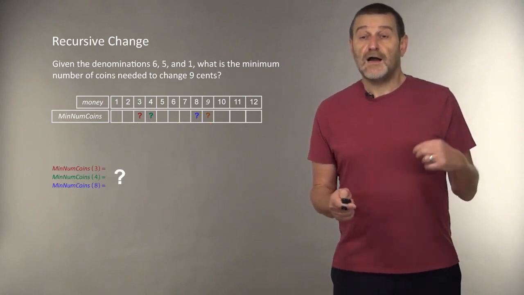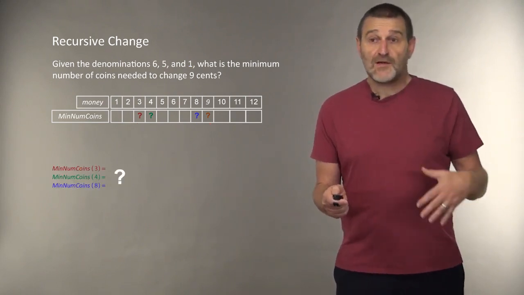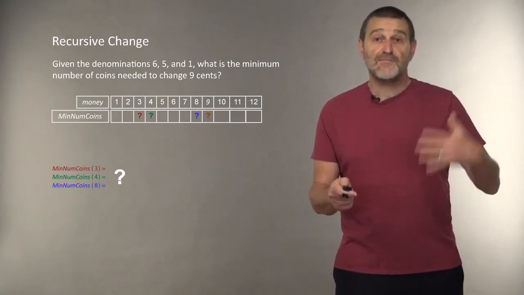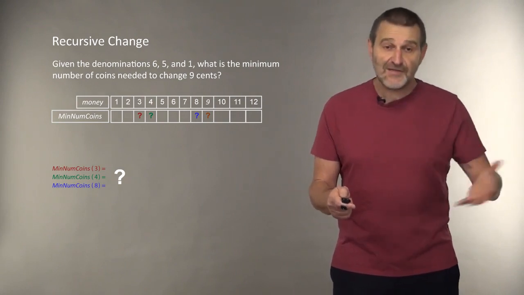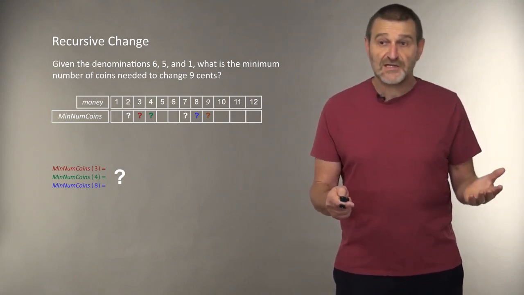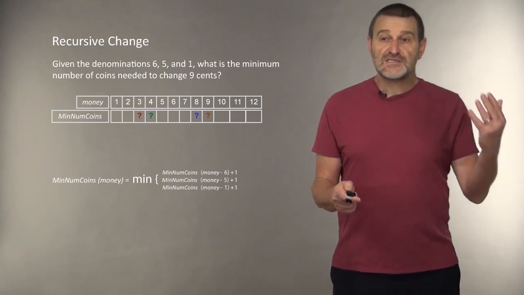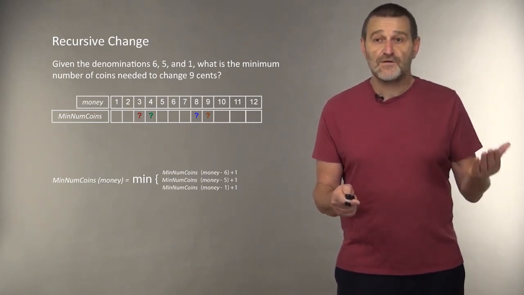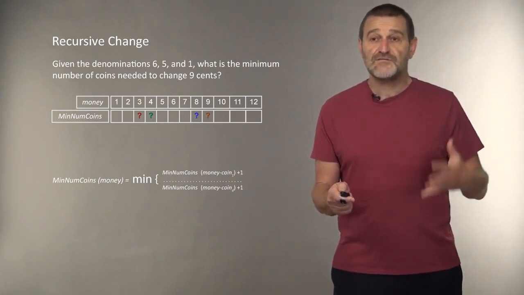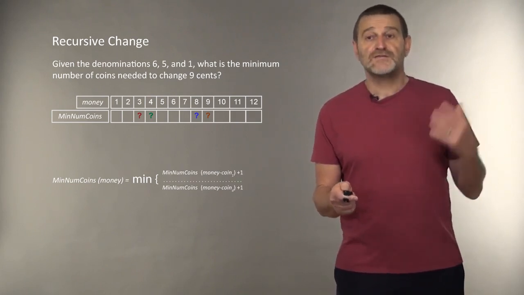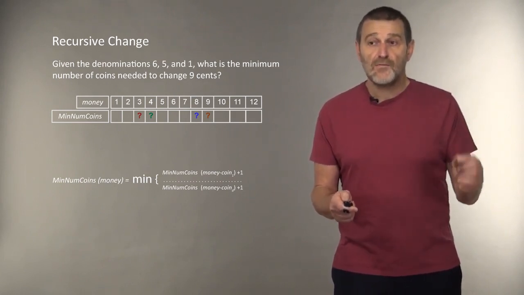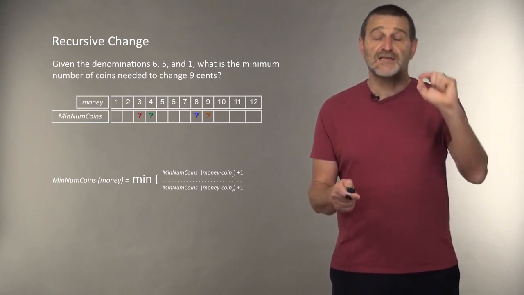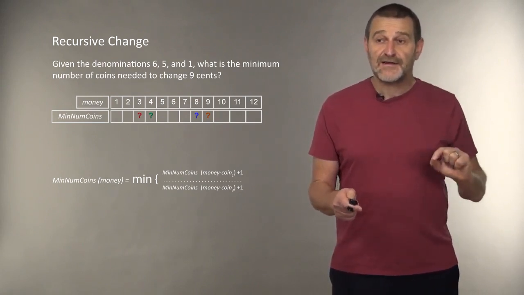Okay. But to find the minimum number of coins for 3, 4, and 8 cents, we once again need to find the minimum number of coins for other values of money, and we will be doing this recursively. So the general formula, for whatever number of coin denominations we may have, is that the minimum number of coins for the amount of money equals the minimum of the following D expressions, where D is the number of coins in the currency.